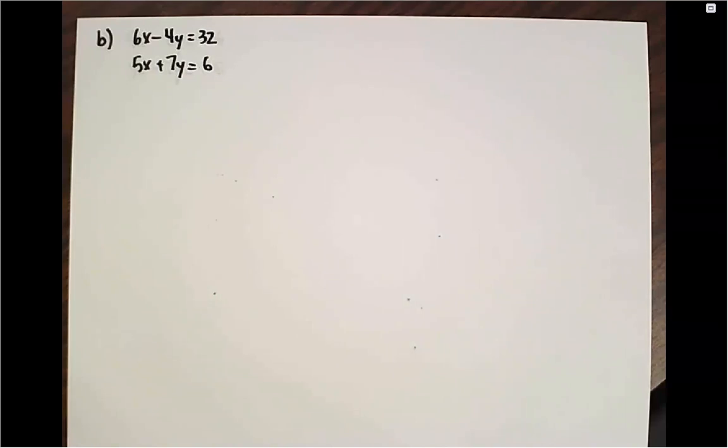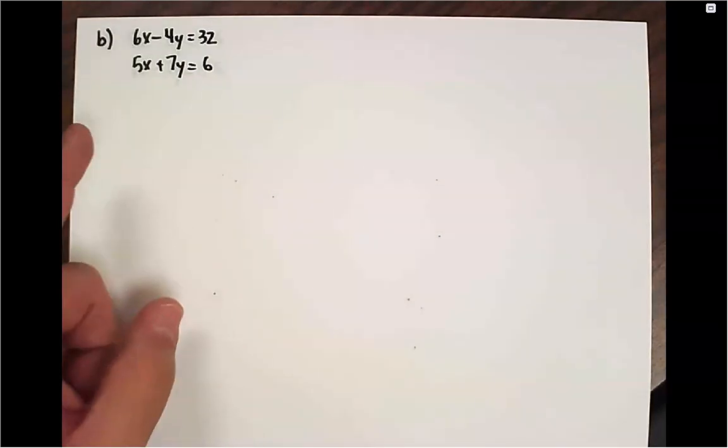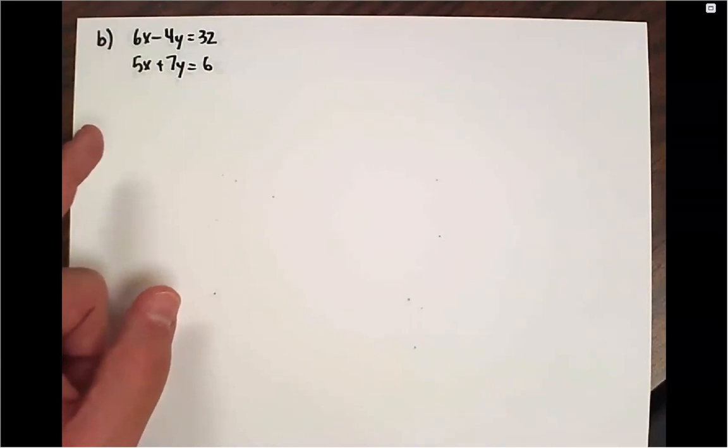So I've got to figure out some number or numbers to multiply each one of these equations by to make the coefficients of my chosen variable opposites of each other. So that when I do add them together, they equal 0. And the easiest way to do this is to pick the variable that at least has opposite signs.